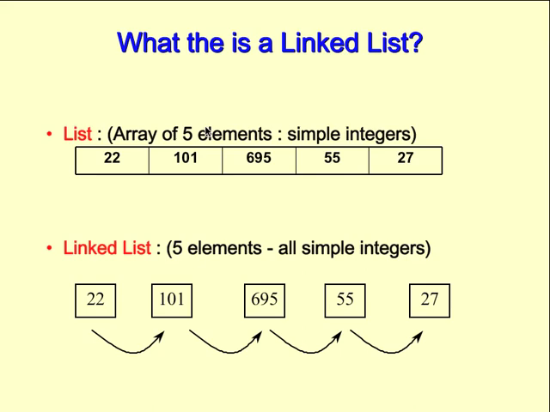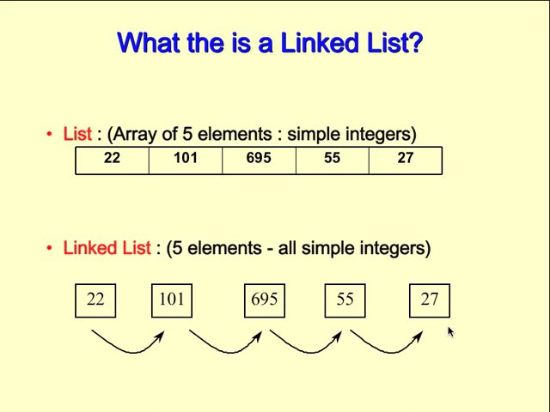It's kind of structured. So with the linked list here, we might have 5 elements that are simple integers, but there's no relationship between the elements. We just have 5. Consider them 5 separate memory locations, 5 different variables, and we're linking them together using pointers.